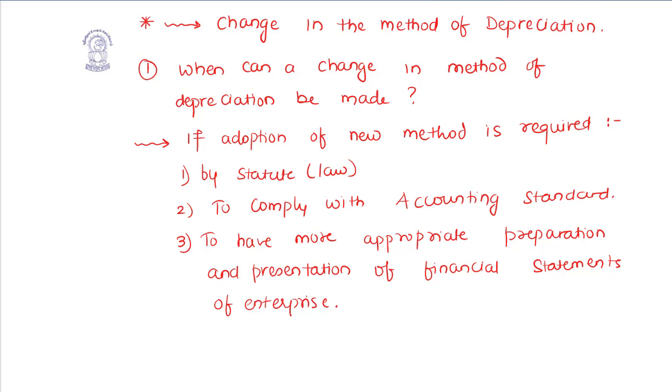Third, you feel that the new method of depreciation will give a better presentation in the books of accounts, and more appropriate presentation and preparation of financial statements of an enterprise. In that case, you can definitely change the method of depreciation.